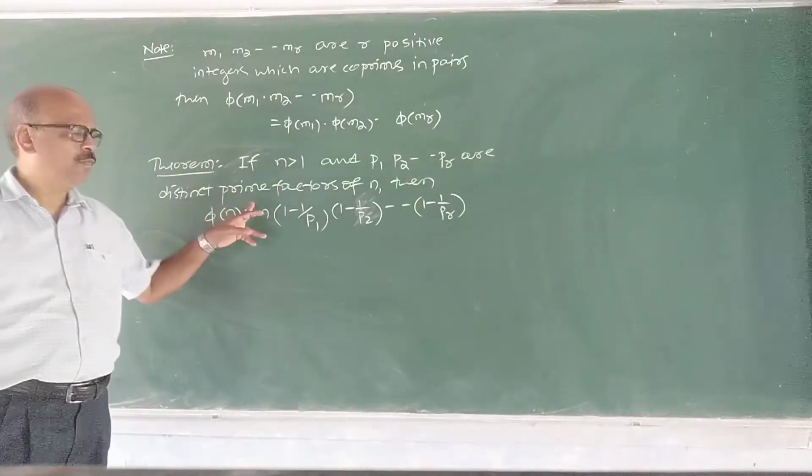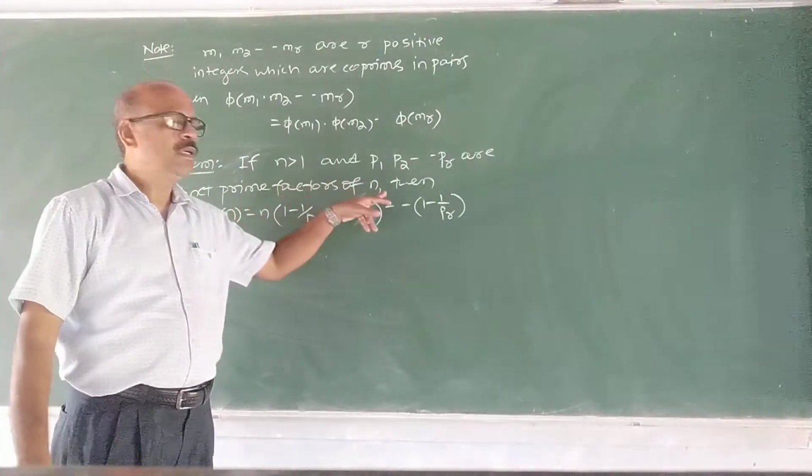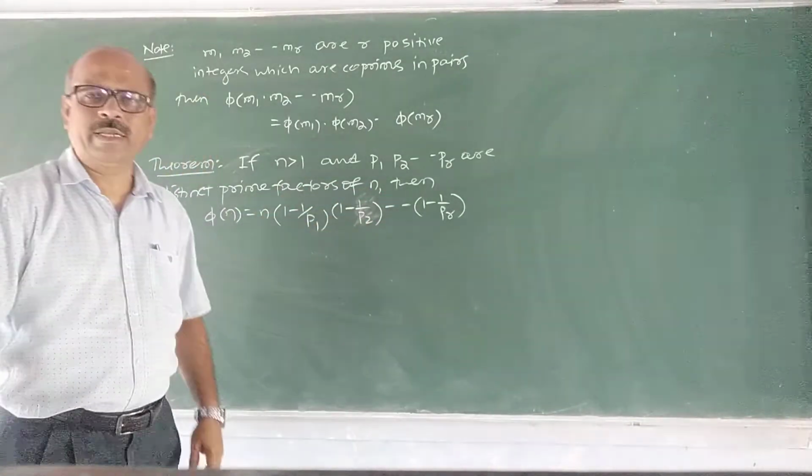This gives a formula to find out Euler's phi function of n.